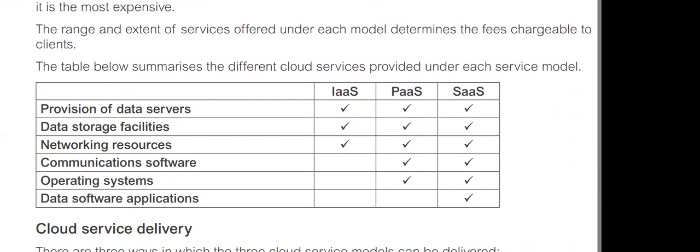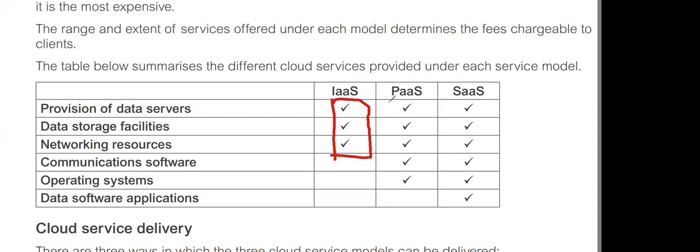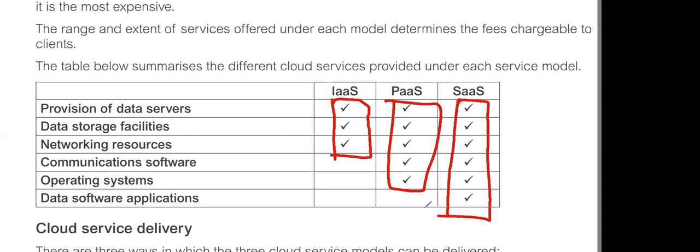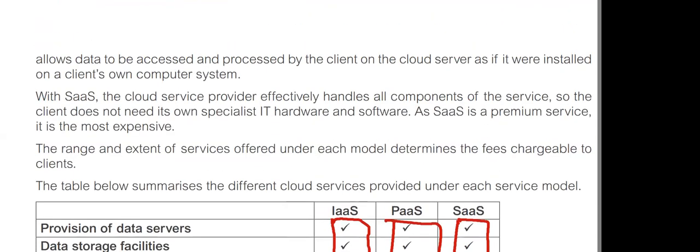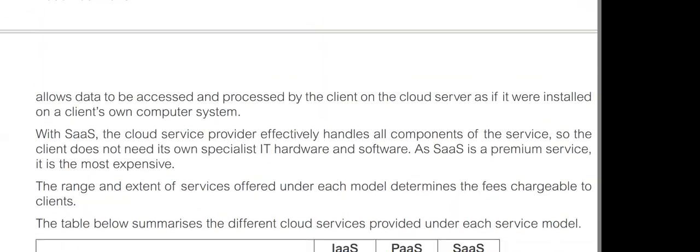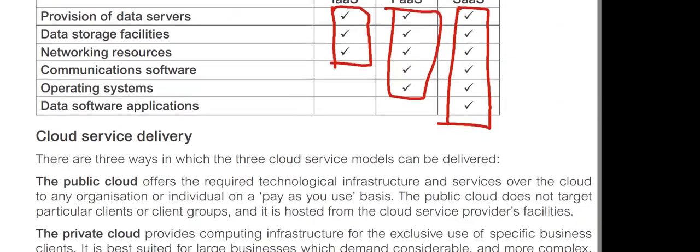The scope of services is also defined for each of the service models. Infrastructure covers these three things, platform covers these three things, and software covers all of these.